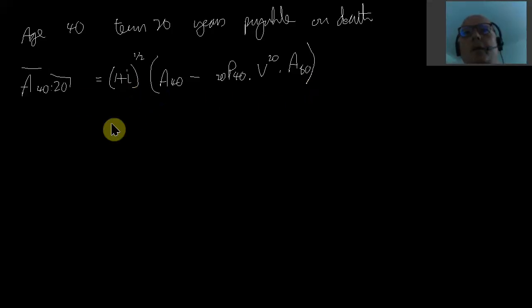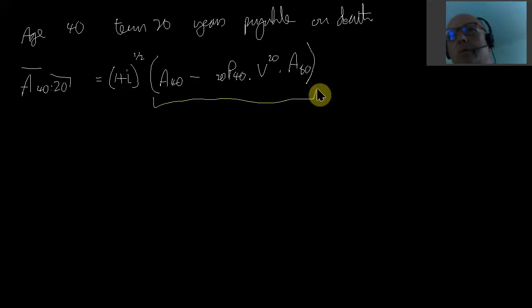And we multiply the whole thing by 1 plus i to the half, and that means that this thing, which is the value of an assurance payable at the end of the year for a 20-year term, is converted by this thing into an assurance payable immediately on death for a 20-year term.